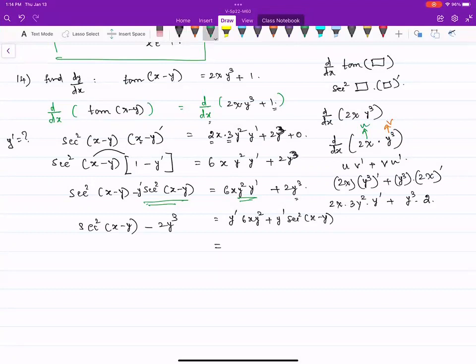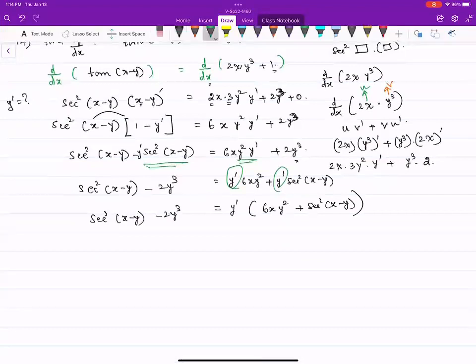Now you factor out the y prime. It will be y prime times (6xy squared plus secant squared of (x minus y)). On the left-hand side, it is secant squared of (x minus y) minus 2y cubed. Now divide both sides by 6xy squared plus secant squared of (x minus y) to isolate y prime.